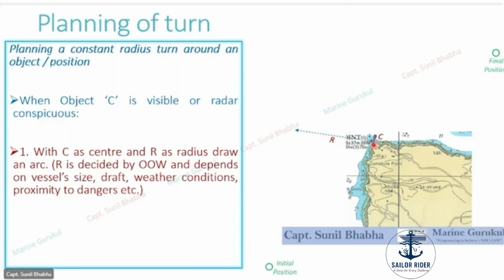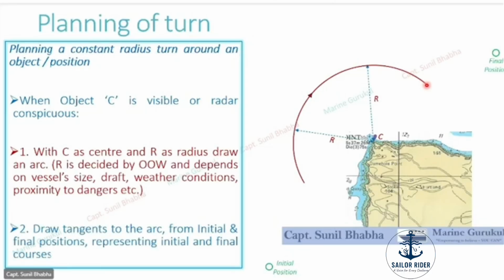We center our compass at point C and we draw an arc. Now with compass centered at C, radius equal to the planned radius, we draw an arc. You can see the maroon color arc now coming up. This is the curved path on which the ship will be moving while it is executing the turn or while it is altering the course.